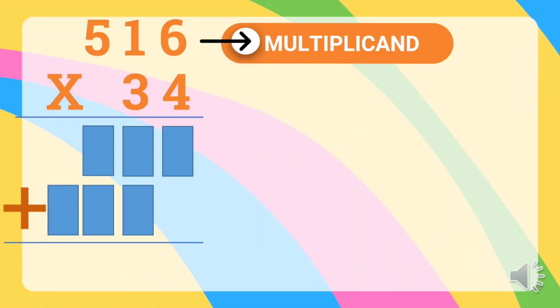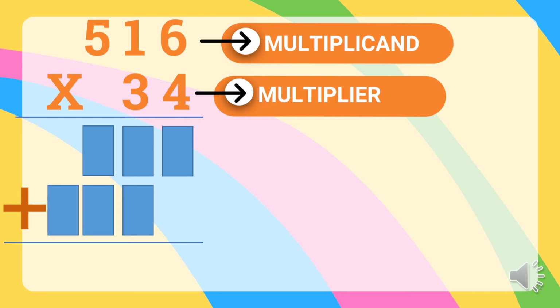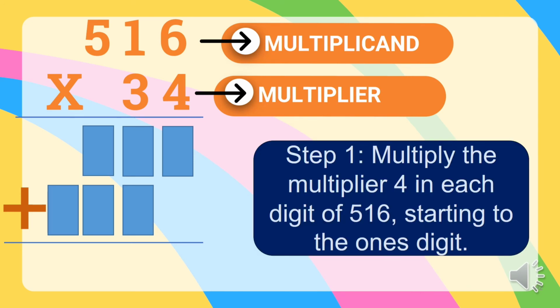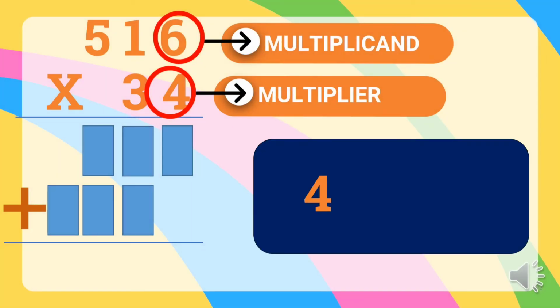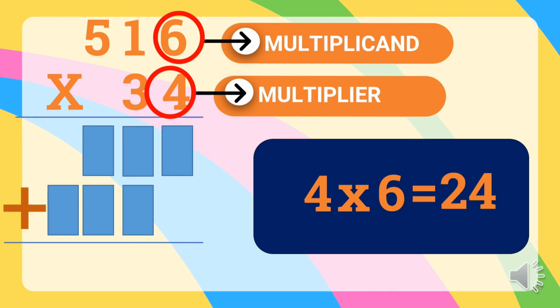516 times 34, where 516 is the multiplicand and 34 is the multiplier. So step 1 is to multiply the multiplier 4 by each digit of 516, starting with the ones digit. So 4 multiplied by 6 is equal to 24.